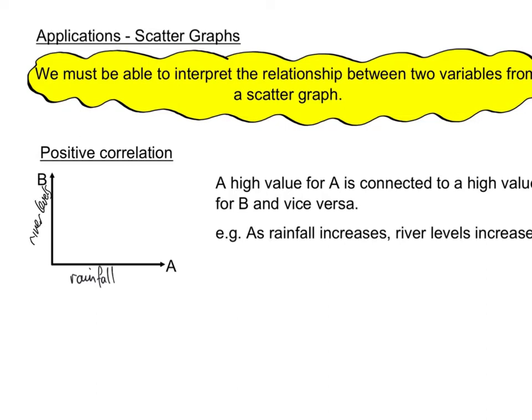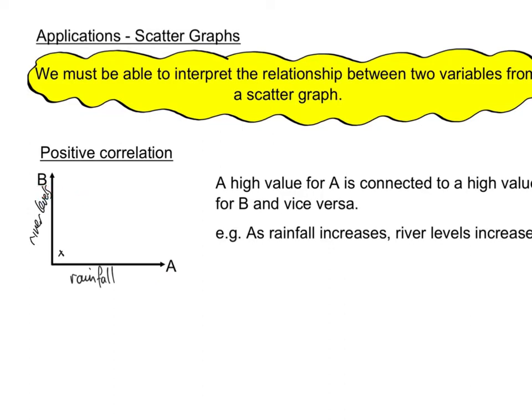So, if the rainfall is low, in other words, on this scale, it's down towards the bottom end, we would expect the river levels to be also towards the bottom, and that might be represented by a point of data down here somewhere. So we can see this has a low rainfall and a low river level. A high amount of rainfall up here might be connected to a high river level.